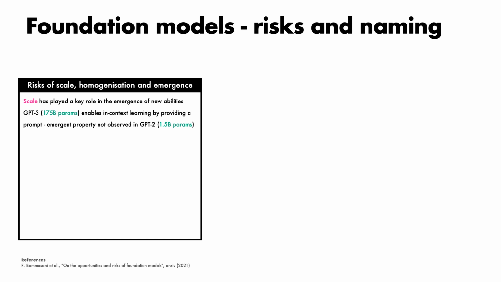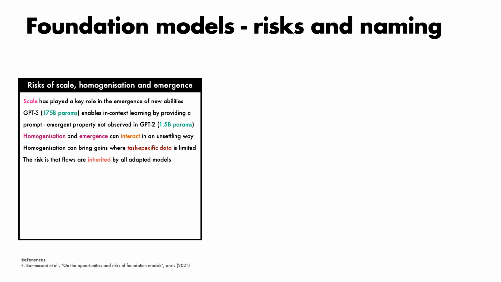It's worth noting that homogenization and emergence can potentially interact in a rather unsettling manner. While homogenization can bring gains where task-specific data is limited in domains such as healthcare, it has the risk that any flaws in the model are inherited by all adapted models. Moreover, since the power of foundation models derives from their emergent properties, they are naturally hard to understand and have unexpected failure modes.